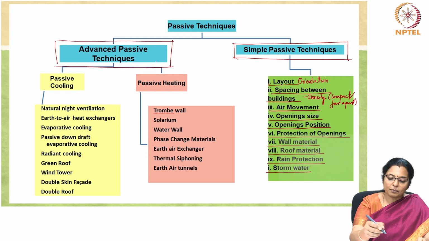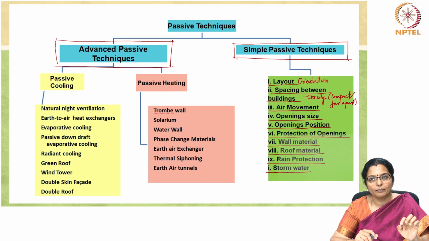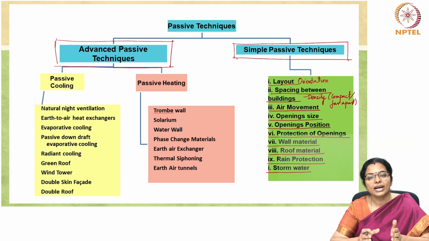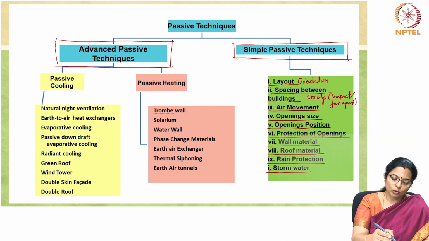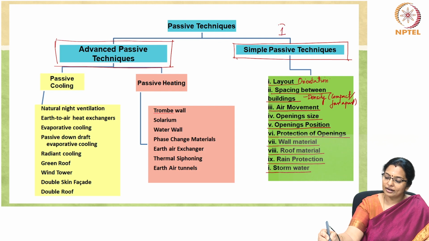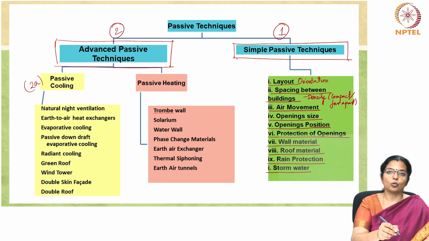So, advanced passive techniques are techniques which require specific design or contraption to capture, store and release energy. Under this, we will see passive cooling. So, I will call this as 1 and 2. So, 2A is passive cooling technique.